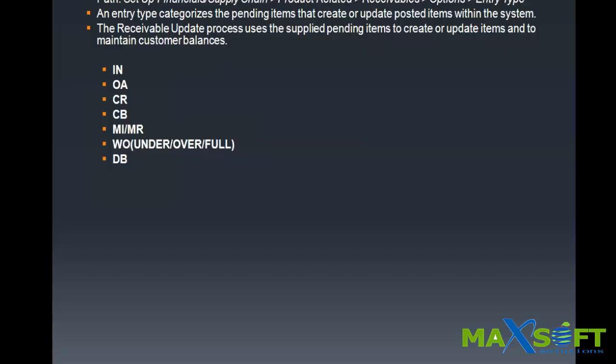In those cases, you will use debit entries. These are the different types of entries. MI and MR: based upon your client, you can create manual invoices, which are manually created and not delivered, based upon your company requirement.